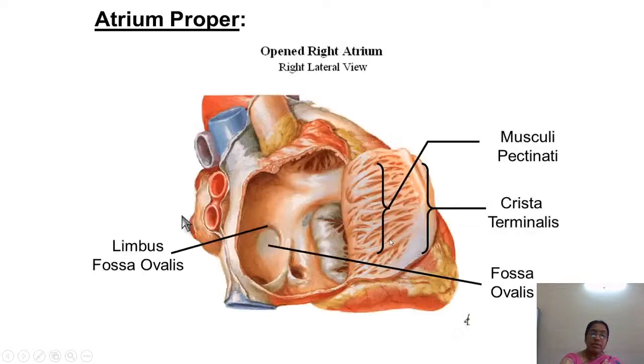Those comb-like structures extending from the crista terminalis are called musculi pectinati. These are the muscular ridges because of which this part is called the rough part. So this is the rough anterior part of the right atrium.